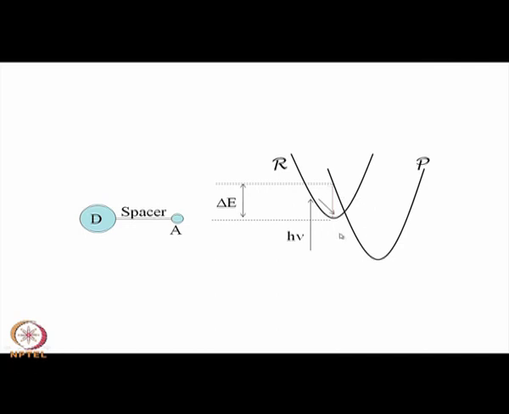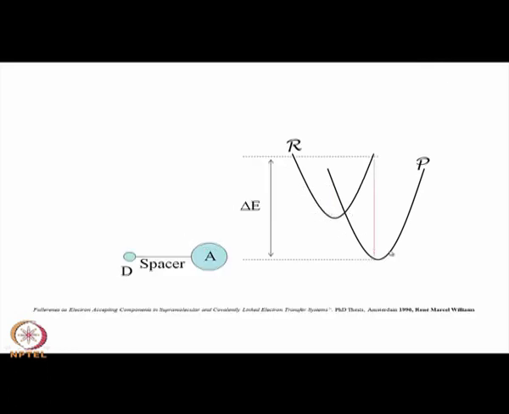So, you require this much delta E to be passed from product to reactant. In that case, an enormous amount of energy is required to come back to this state. So, it is the reverse electron transfer energy requirement.